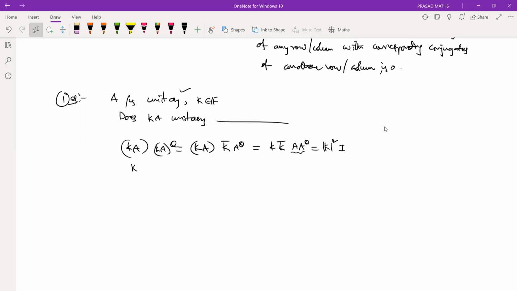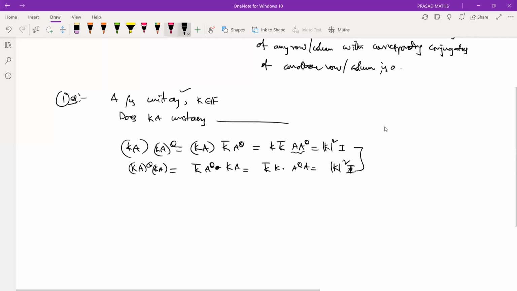Similarly, (K A) theta into K A is K bar K A theta A, which equals mod K square into I. Therefore, both are same. Therefore, it is unitary.